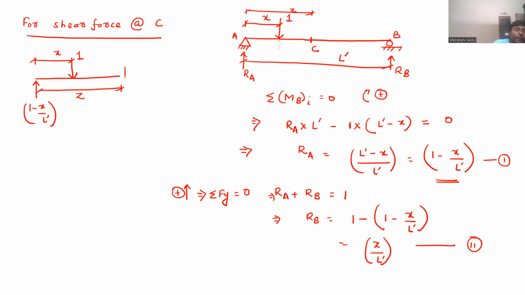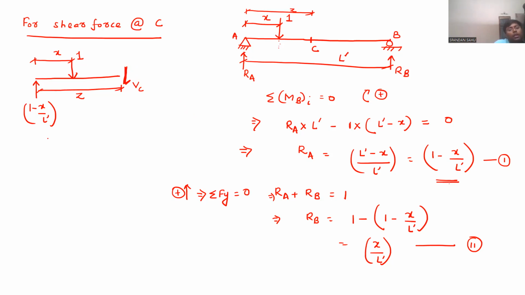Now tell me, the shear force here, if we want to show it in positive fashion, will the arrow be upward or downward? I have discussed it now only. The direction shall be downward. So let us call it VC.